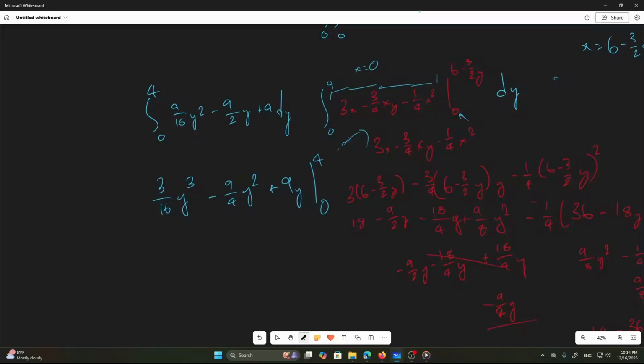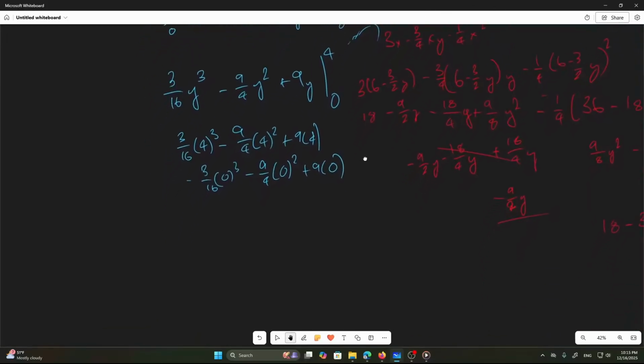And so here we have 3 over 16 times 4 cubed minus 9 over 4 times 4 squared plus 9 times 4, and I'll compute the full thing here. Minus 3 over 16 times 0 cubed minus 9/4 times 0 squared plus 9 times 0.